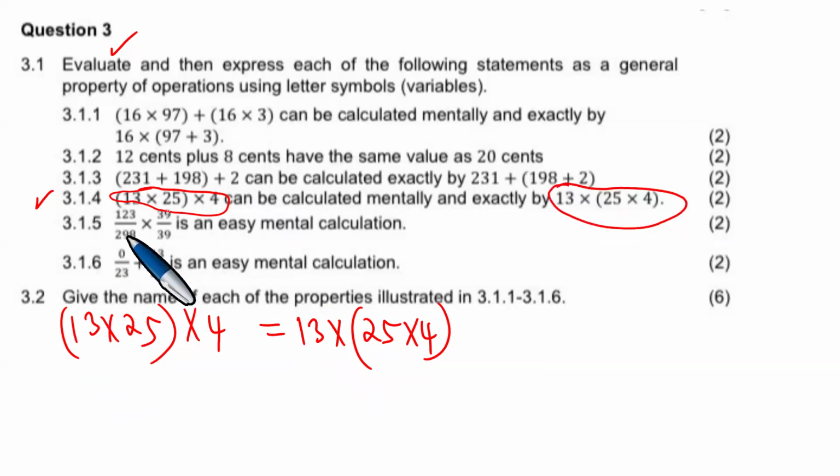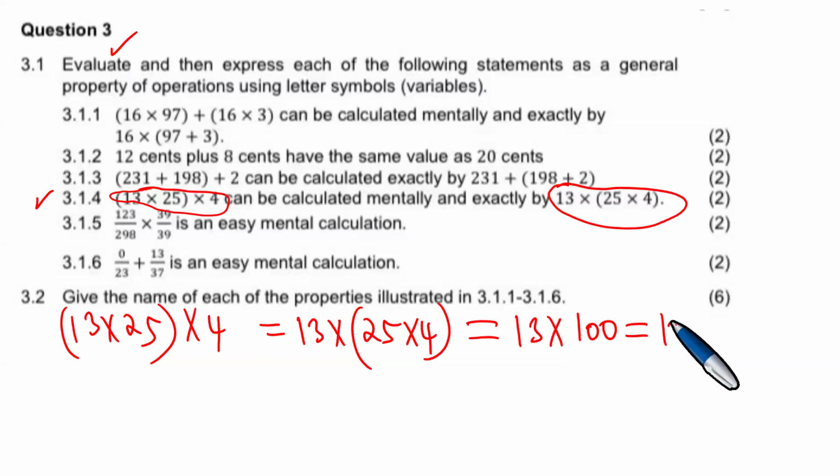We've taken this and equated it to this. The examiner is saying get the answer to this. By good luck, it's easy, because what is 25 times 4? 25 by 2 is 50, and by 4 is 100. And then 13 times 100 is easy.